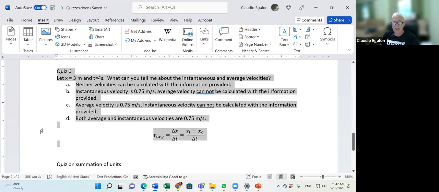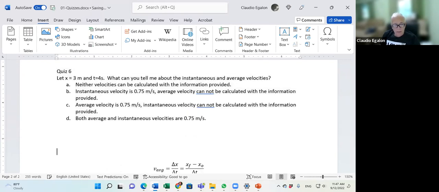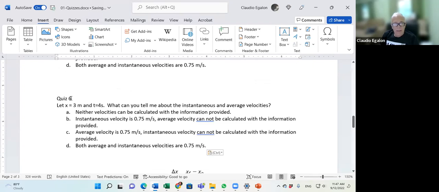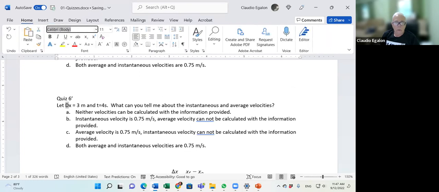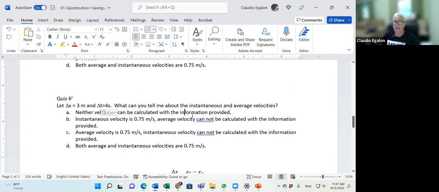But if I had given you, let delta x equal 3 meters and delta t equal 4 seconds, the answer would be different, right? A variation of this question, 6 prime: suppose that instead I have told you, let delta x equal to 3 meters and delta t equal to 4 seconds.